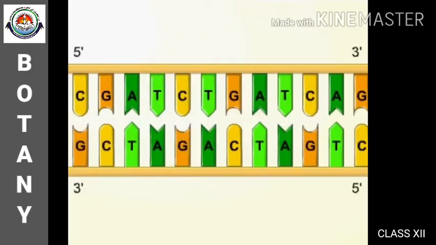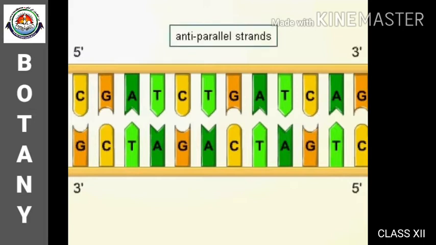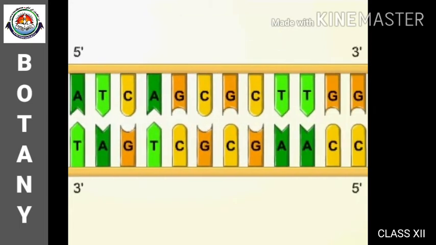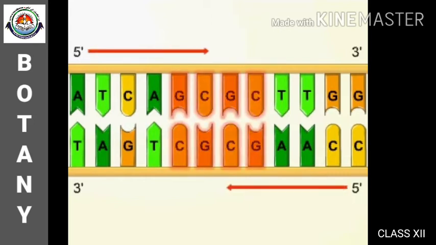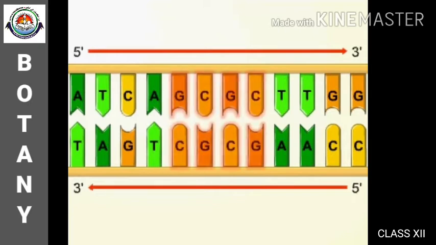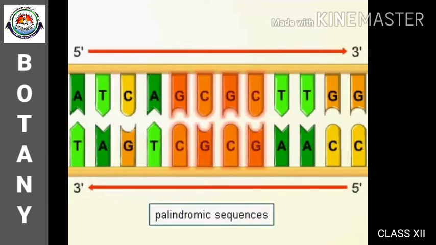Each DNA strand has two ends, 5' and 3'. In the DNA helix, the two strands are anti-parallel, so the 3' and 5' ends come opposite to each other. The sequence recognized by the restriction enzyme from the 5' to 3' end and from the 3' to 5' end is the same, but they are organized in opposite directions.